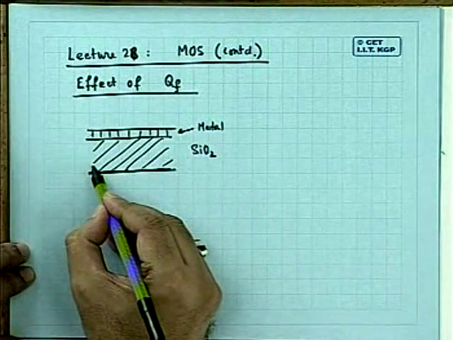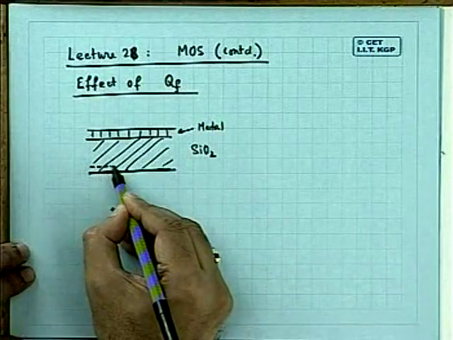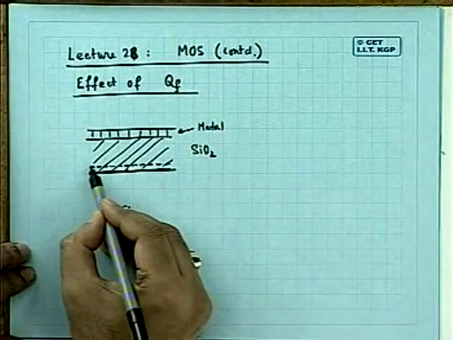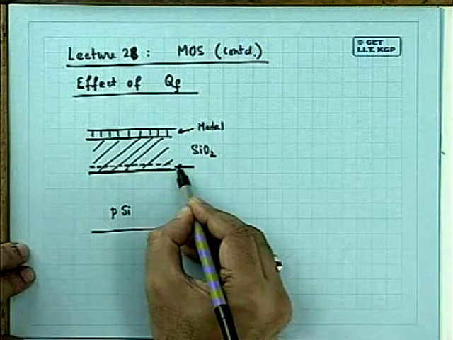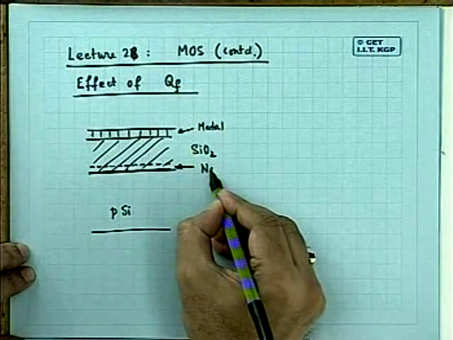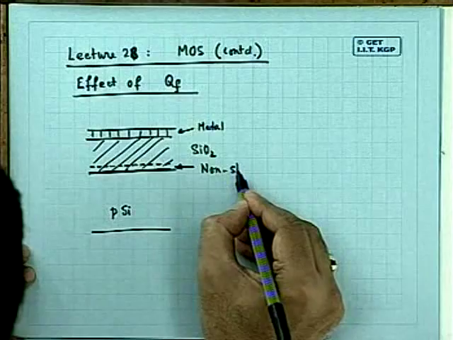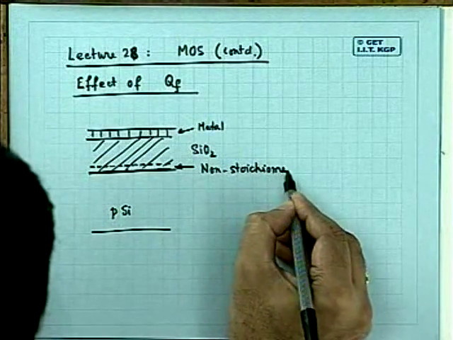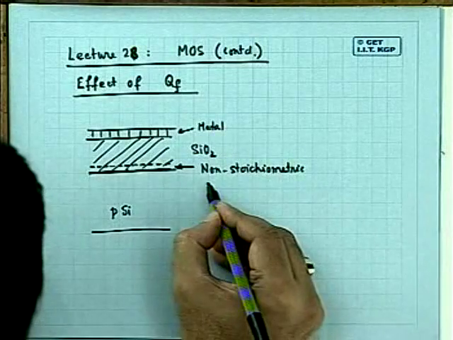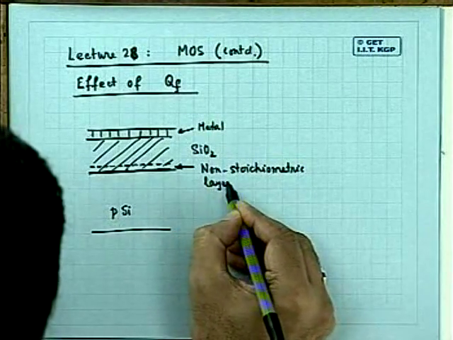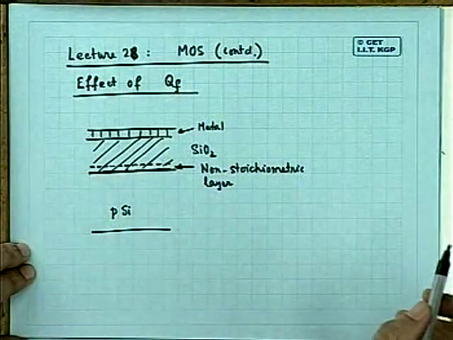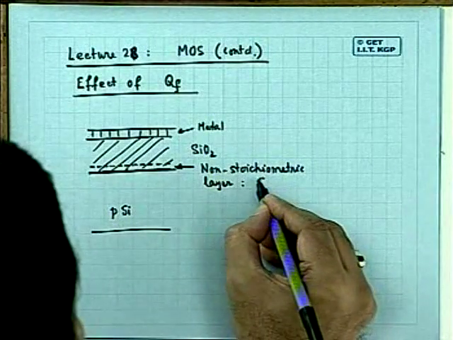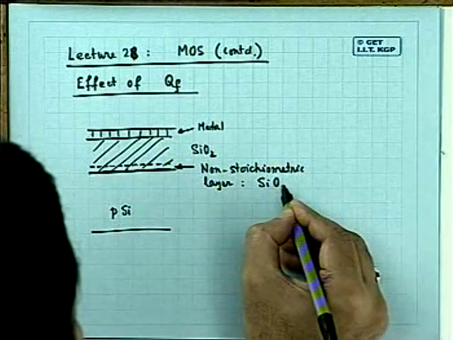In fact, there is a very thin layer adjacent to the interface within the oxide. This layer is called non-stoichiometric layer, where the silicon dioxide is generally represented by a composition as SiOx.